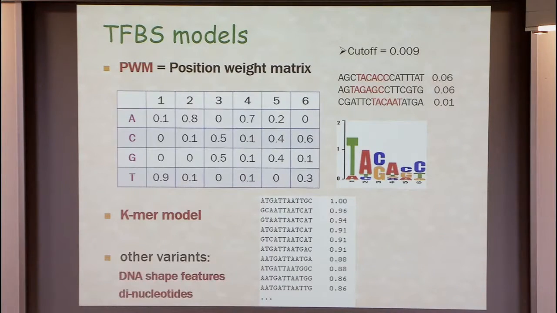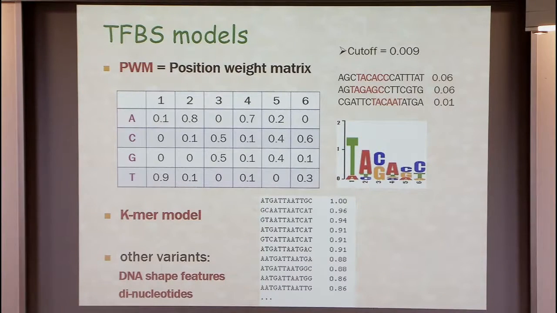And there are other models that are in between the position weight matrix and the K-mer model. Some supplement the PWM in the form of dinucleotide contributions. Most of the dependencies that have been observed in protein-DNA binding are between 2 positions and mostly adjacent positions, so we can just add features that cover those dependencies.